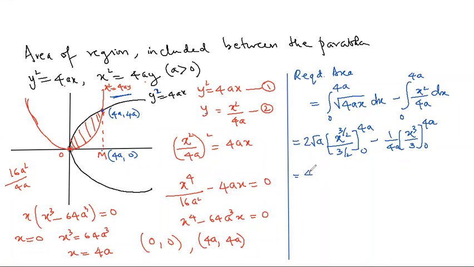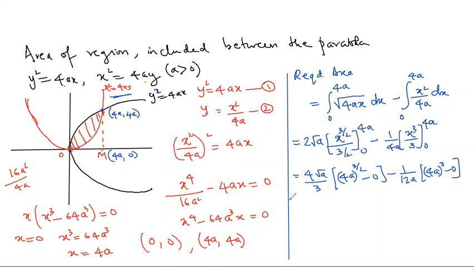So that became 4 root a by 3 into 4a raised to 3 by 2 minus 0, minus 1 by 12a, 4a the whole cube minus 0.